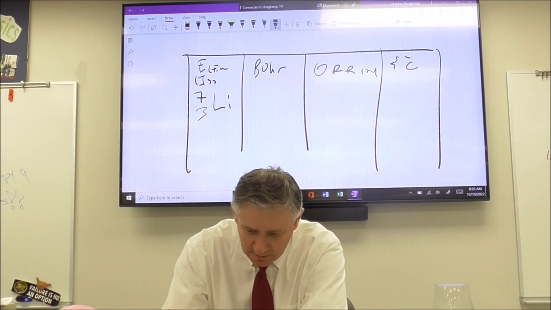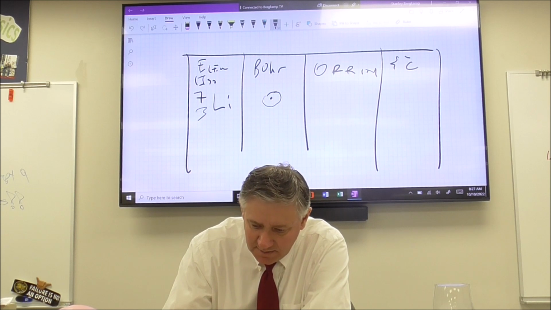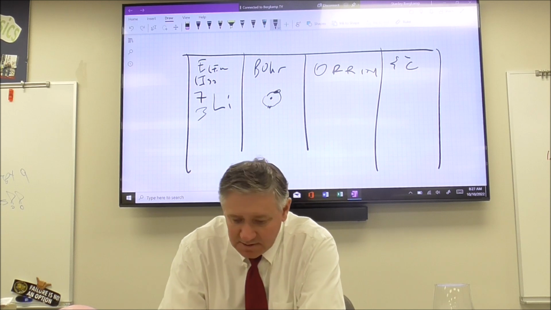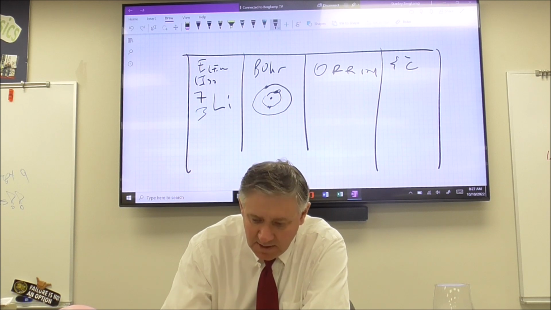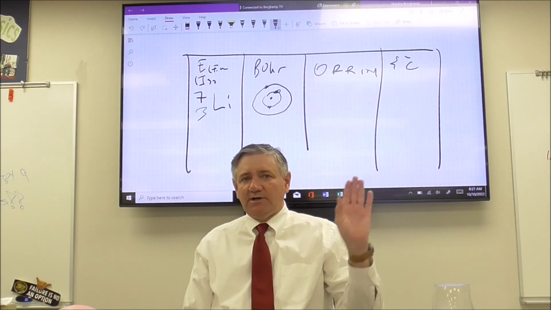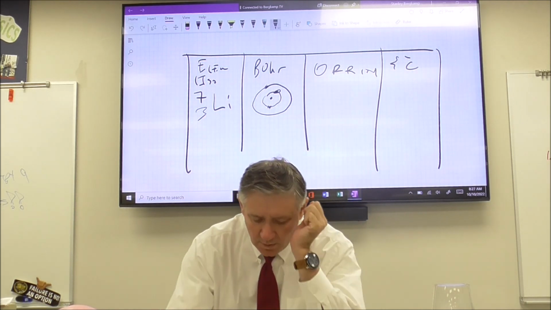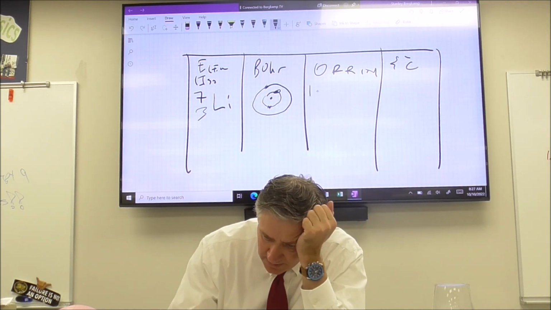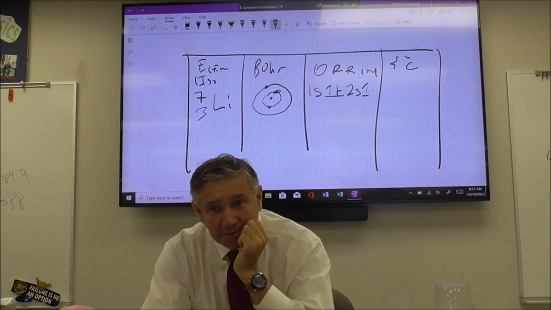So on the Bohr model, come in here and put a small dot, put 1 layer of an onion, and put 2 electrons on that, put another layer of the onion, and put an electron there. That's all you have to do. Okay? Not difficult. Then on the orbital diagram, write 1s, put a dash, put an up, put a down, and then go 2s, put an up.